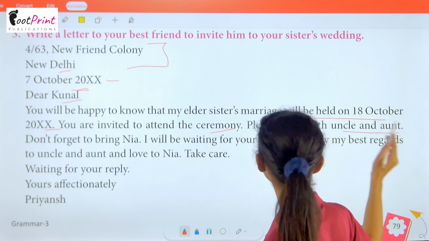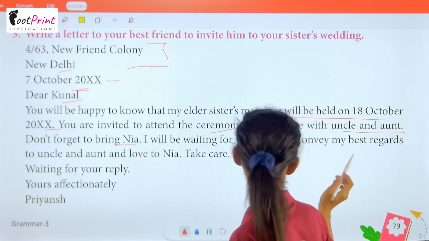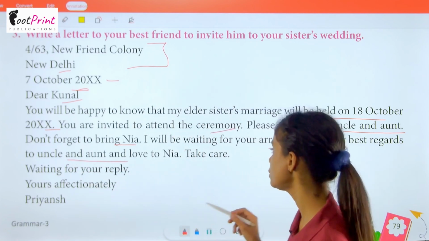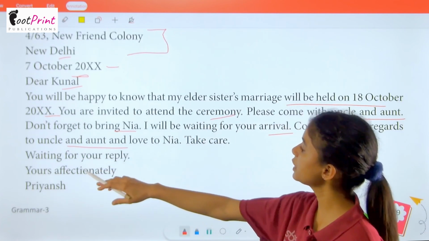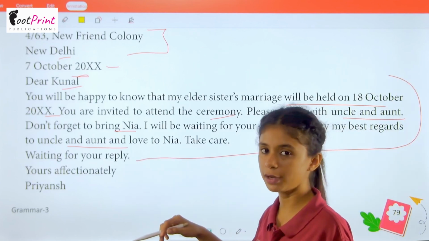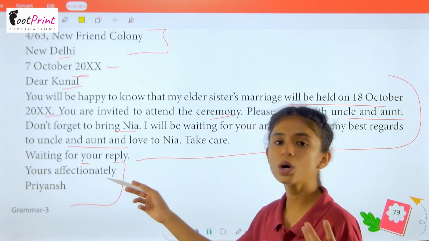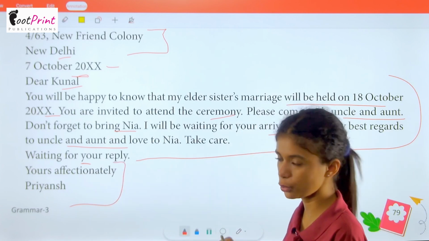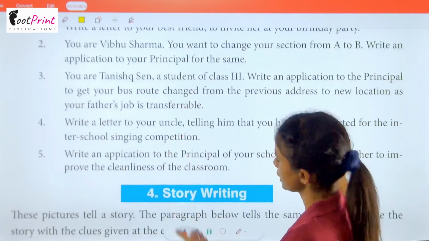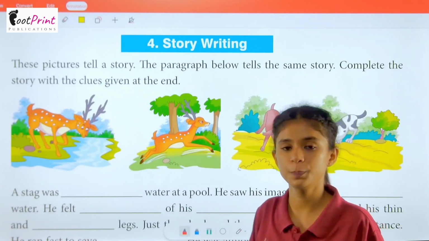Please come with uncle and aunt. Don't forget to bring Nia. I will be waiting for your arrival. Convey my best regards to uncle and aunt and love to Nia. Take care, waiting for your reply. So, this is the main body. Then we will leave one line again. Then the closing. Yours affectionately, Priyansh, or your name. Okay. So, that's it.